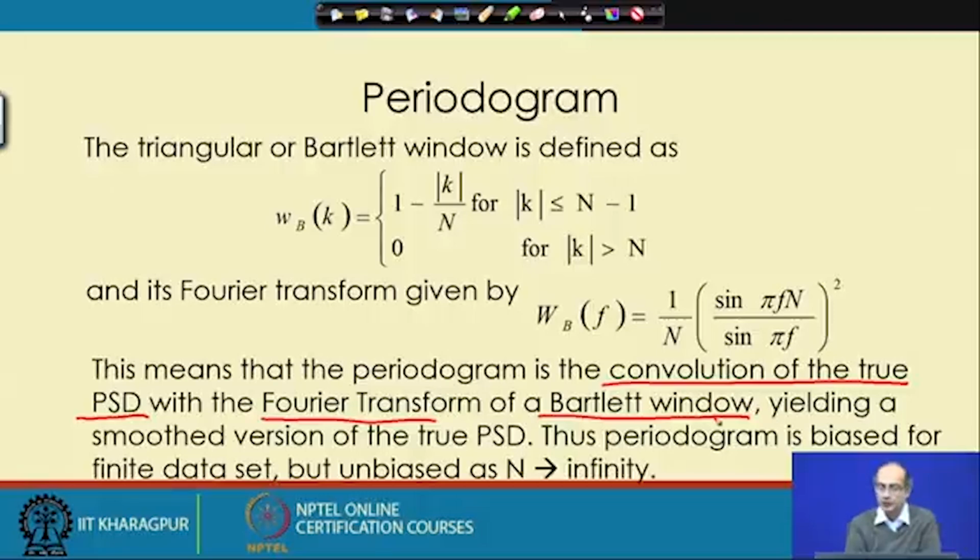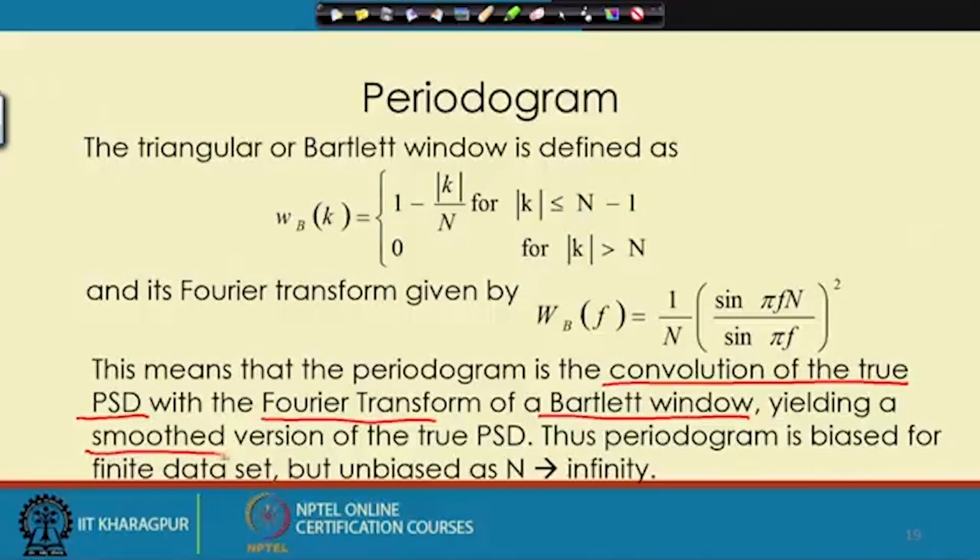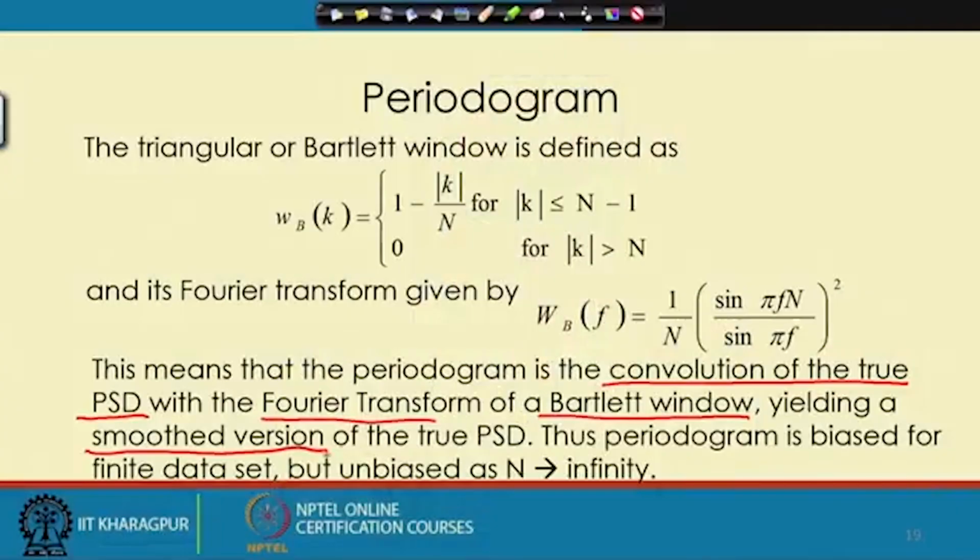In a positive way to look at it, it is giving us a smooth version. If you are very picky, then you will say the details of the spectrum are lost. If you look at it in a positive way, then you will say the roughness of the spectrum is removed. So, we are getting a smooth version of the true PSD.